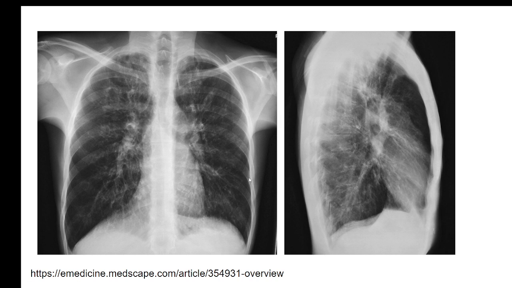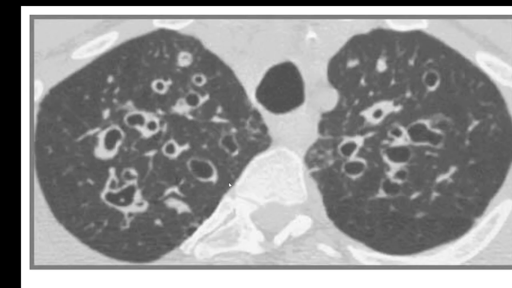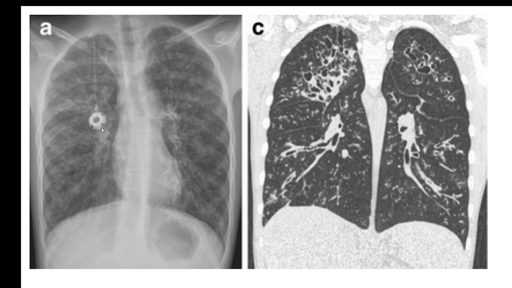The amount of air entering the lungs would be lesser. In a CT scan, the fibrosis is seen as thickening of the walls of the tubules, which is very characteristically seen in cystic fibrosis. This radiological appearance of cystic fibrosis is very characteristic.